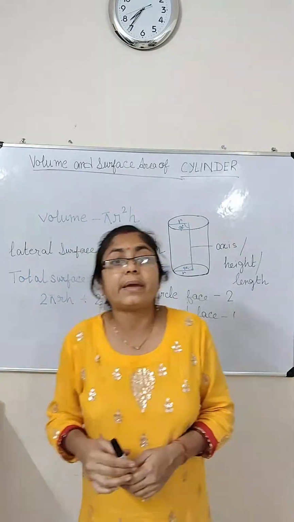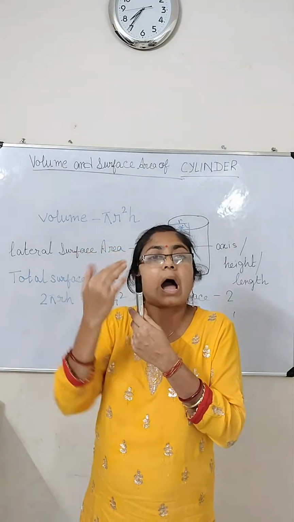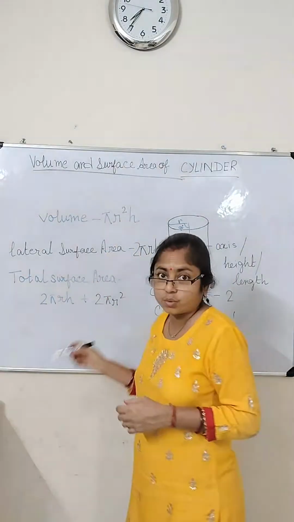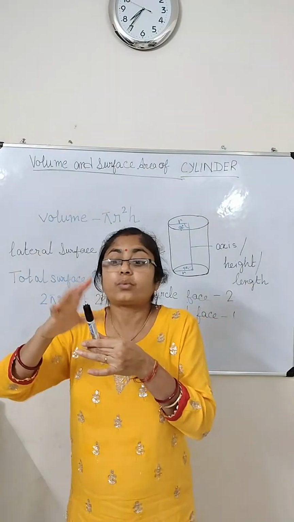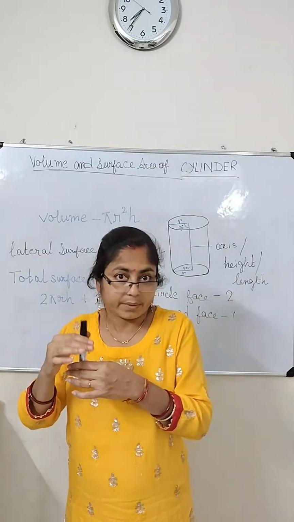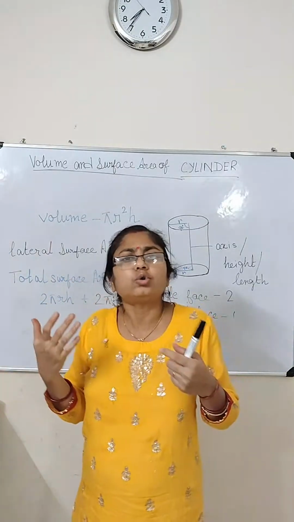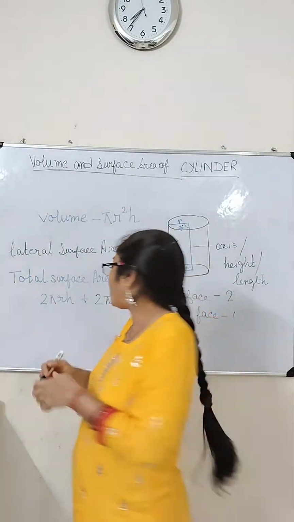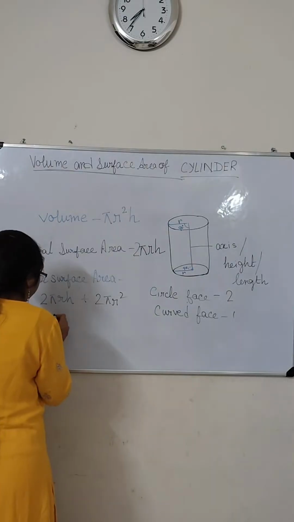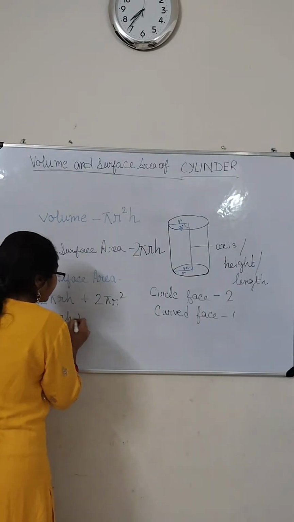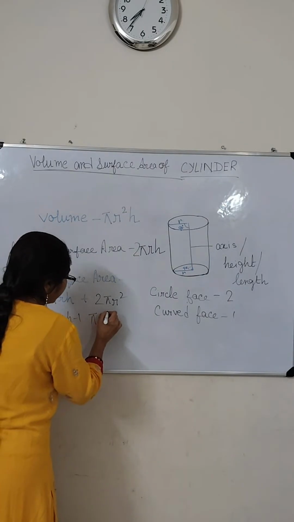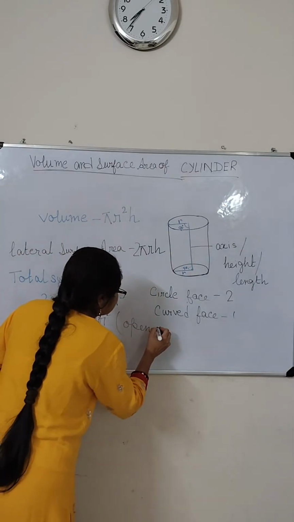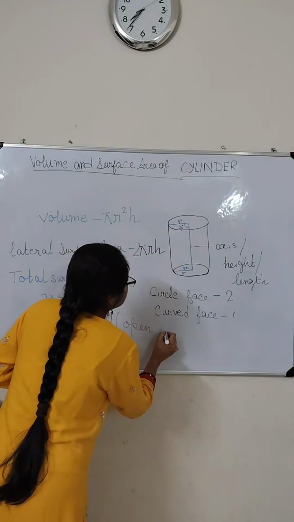Open means you can't add the upper side circle. I write 2 pi r² for both sides, but when there is no top, you don't write that. So in that case you write 2 pi rh plus pi r² when it is an open cylinder.